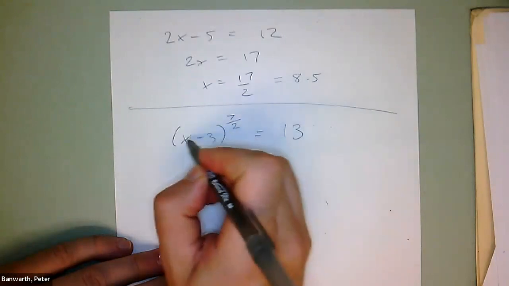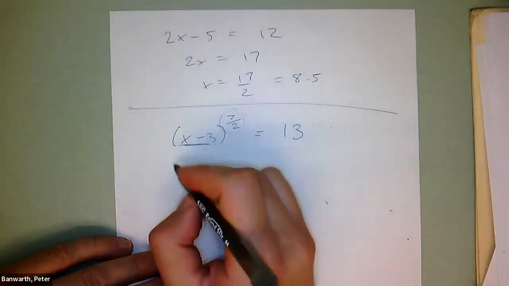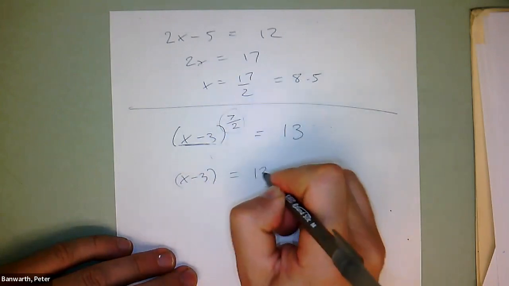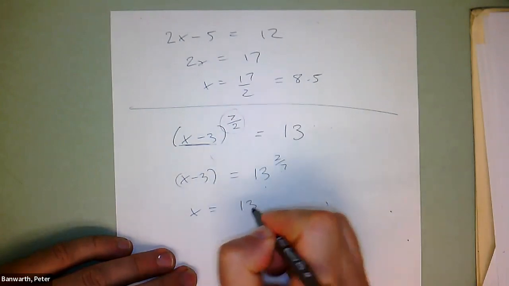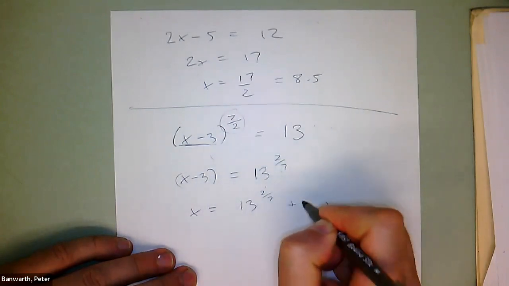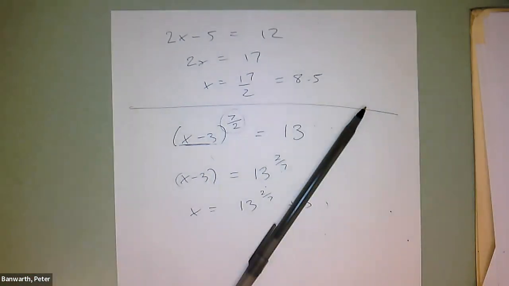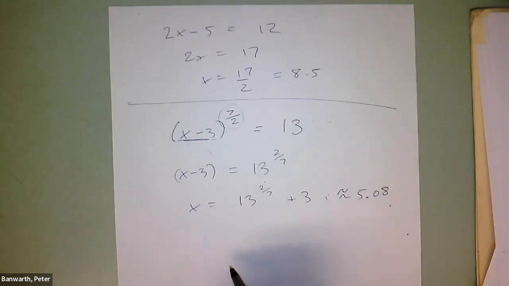Well, the first thing to do is think of these as terms, and to get rid of the 7 halves, we need to raise both sides to the reciprocal, which is 2/7. And now I just have x equals 13 to the 2/7 plus 3, which is some number, and I will look that up. Approximately 5.08.